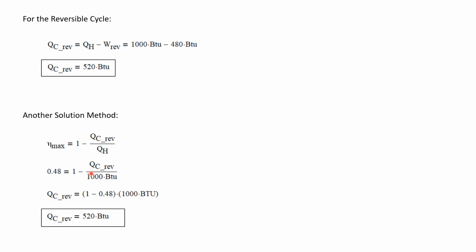So that's equal to 1 minus Qc reversible, which is what we're looking for, divided by QH, which is 1,000 BTUs. And so we get QC for a reversible process is 1 minus 0.48 times 1,000 BTUs. And we get the same value as we did with the other way of doing it, 520 BTUs.